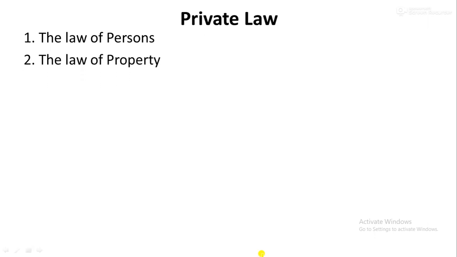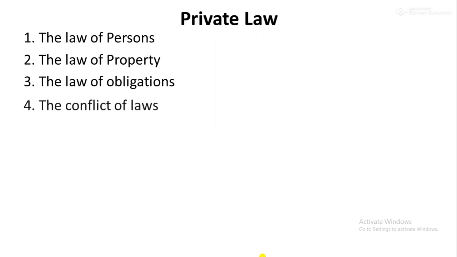Law of property, law relating with the property, will, interest, so personal property, personal skills property, that may be the law of the property. Law of obligation, number of duties, number of compulsory liabilities prescribed by the law, that is law of obligation.